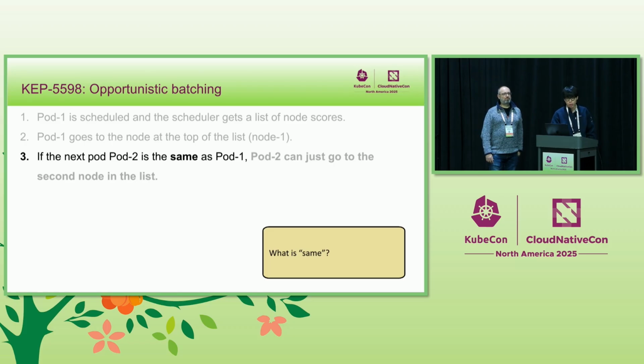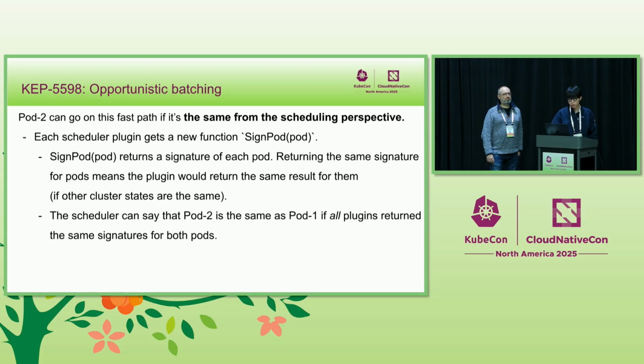How should we determine if 2 pods are the same or not? When we are saying same here, it means it's the same from the scheduler's perspective. For example, UID is usually not scheduling related, and environment variables as well. On the other hand, topology or affinity scheduling constraints are obviously scheduling related in a pod spec.